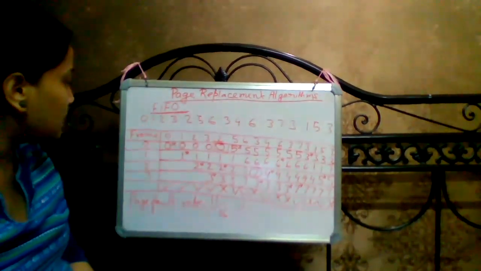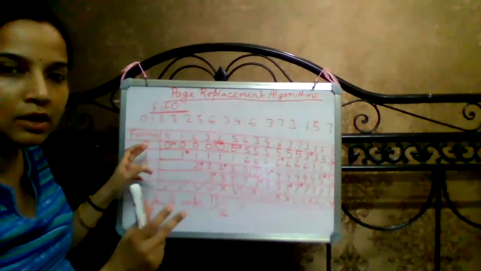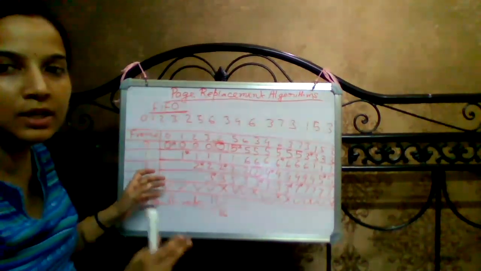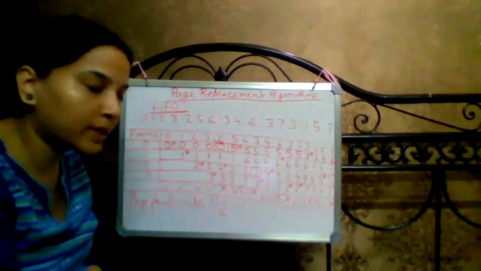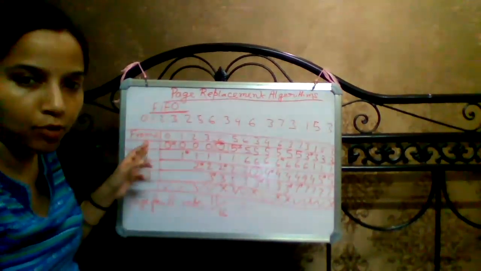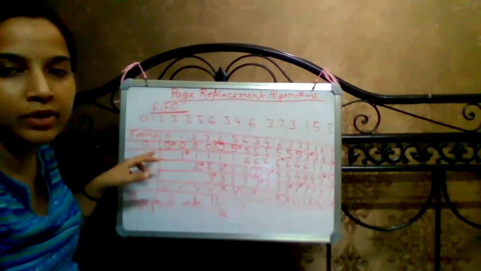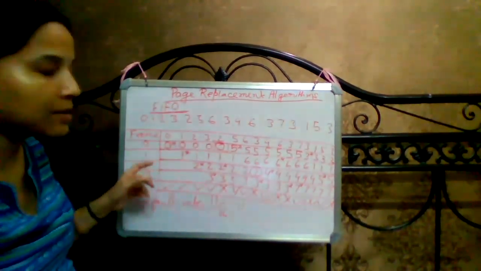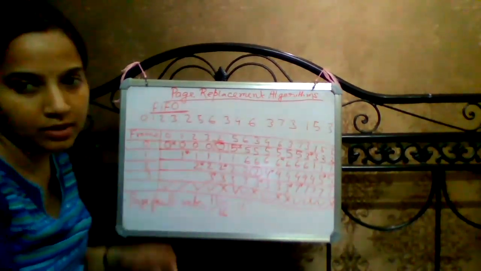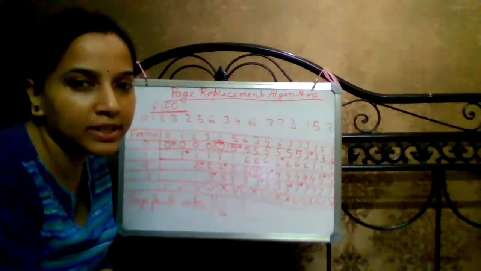Now, that depends on how many frames are allocated for a particular process, and that depends on the operating system. It may be 4. In our example, 4 frames are allocated for a particular process. It may be 3, it may be 5, anything. That depends on the operating system.